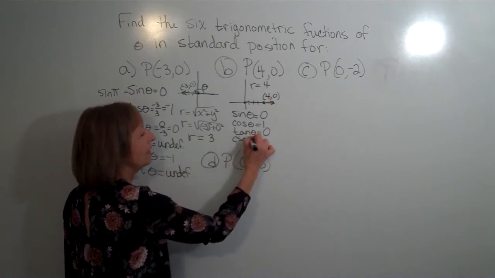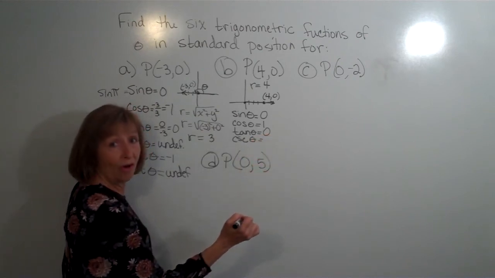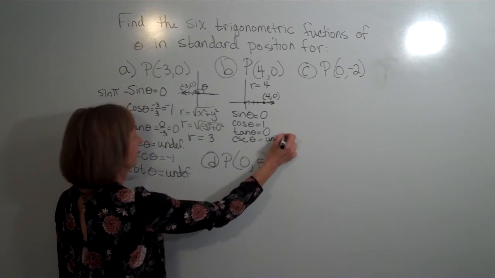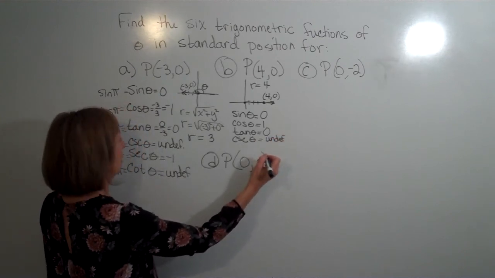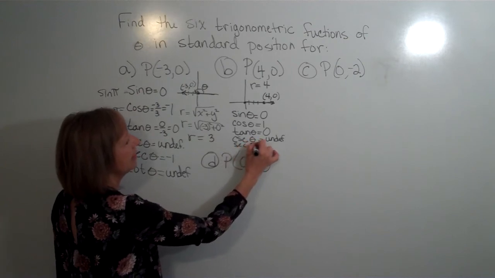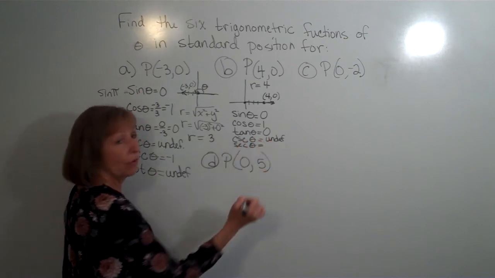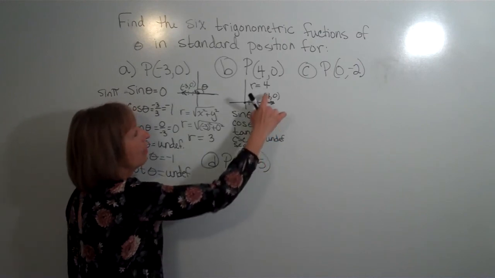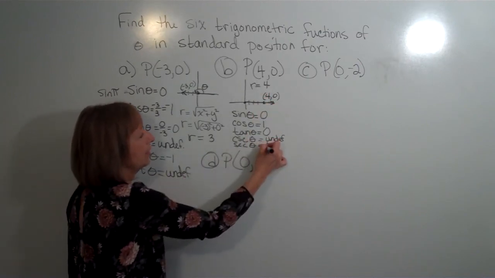Cosecant of theta is r over y, which is undefined. And then our secant of theta is going to give me r over x, and r over x is 1.